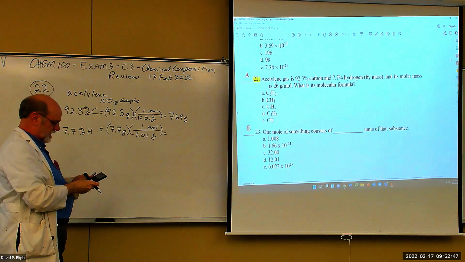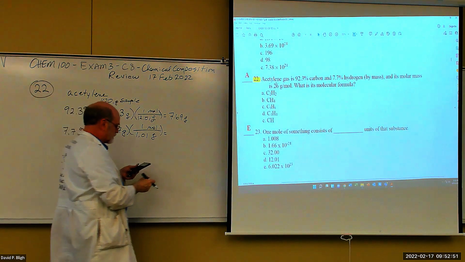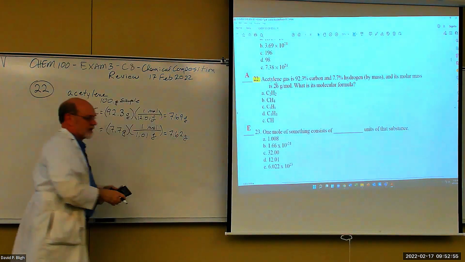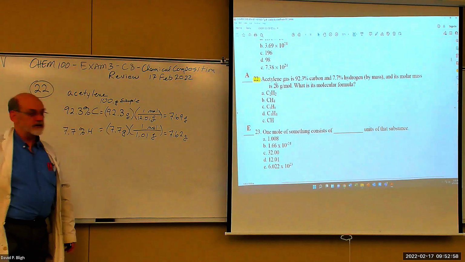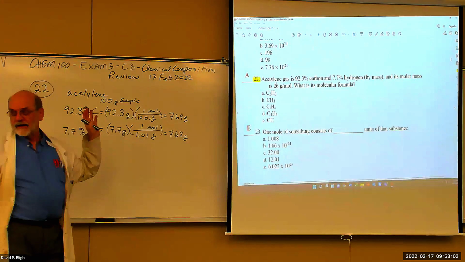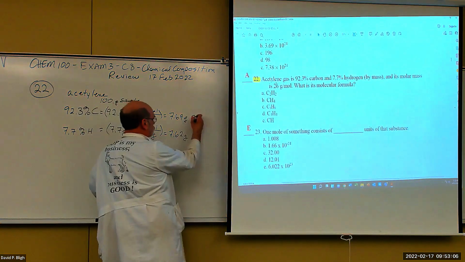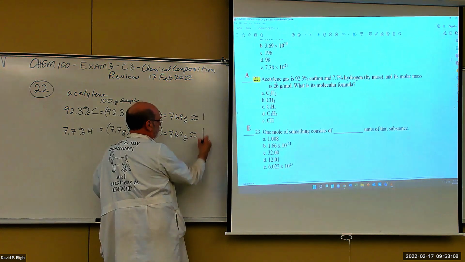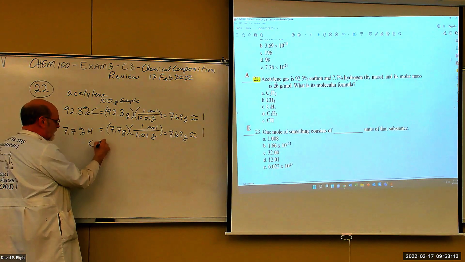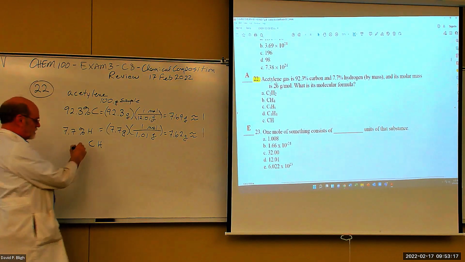And 7.7 divided by 1.01 is 7.62 moles. Normally what you would do here is take the smallest one and divide everything through by it. But this is simpler, they're so close together, they're 1 to 1. Carbon, hydrogen. This is the empirical formula of acetylene.